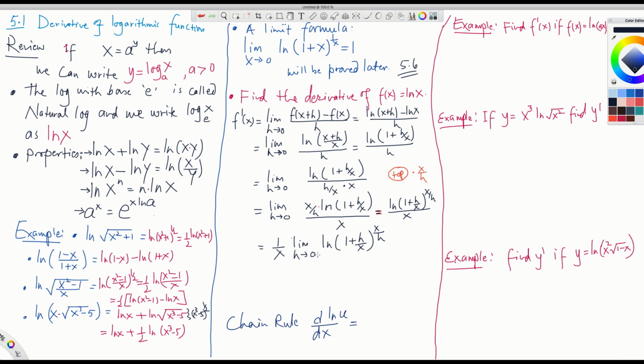Limit h tends to 0, natural log of 1 plus h over x. There is some quantity, and in the exponent we have its reciprocal, h over x, the reciprocal of that is x over h. In that case, the limit will be 1. So what is left is 1 over x times 1, that is basically 1 over x.